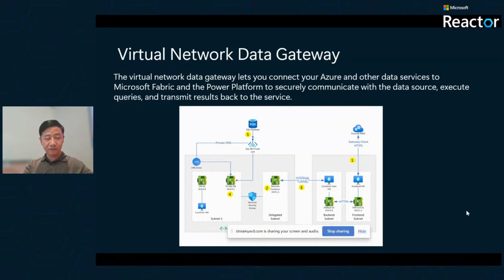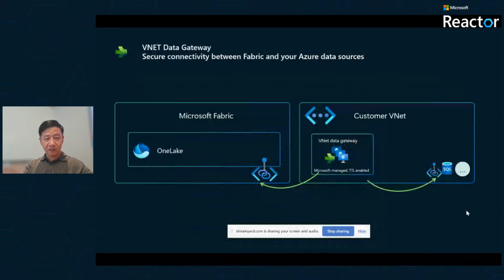Okay, next slide. Here is an example of how the VNET gateway gets secure connectivity with Microsoft Fabric and your own customer VNET. Your data will be in OneLake, right? And there is a technology that helps you secure the data transfer between OneLake and your own compute and your own VNET, which is Private Link.